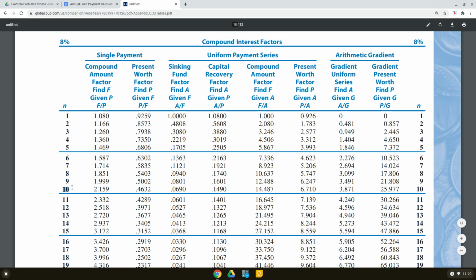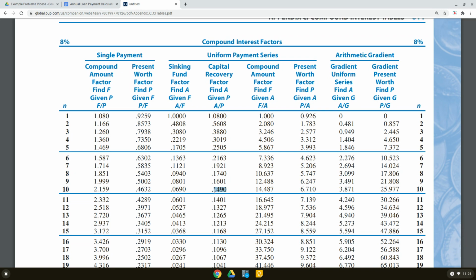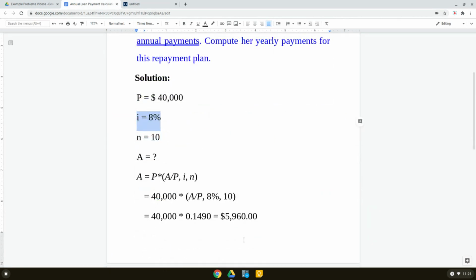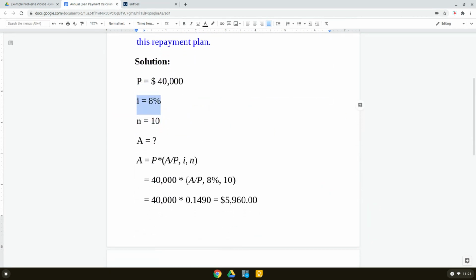So row number 10, in the 8% compound interest table, at N equal to 10 years. The A given P factor, this factor is what we are interested in, is 0.1490. So we found the factor, which is 0.1490.